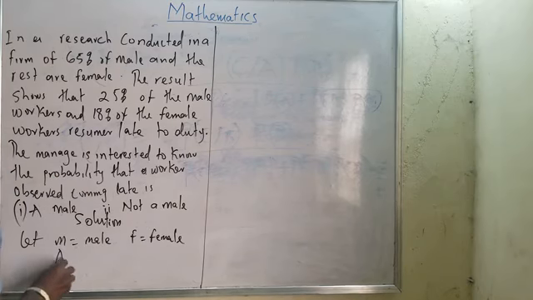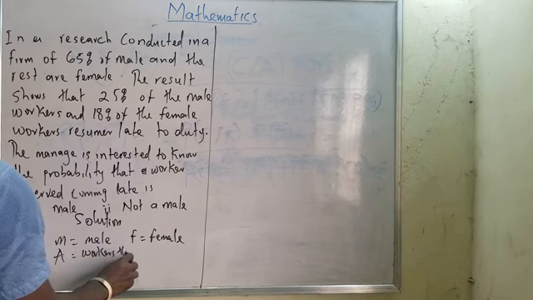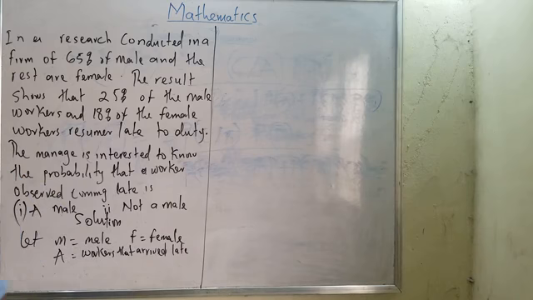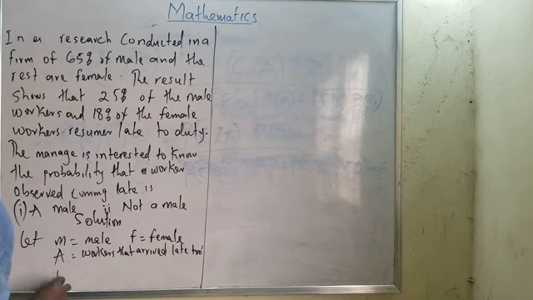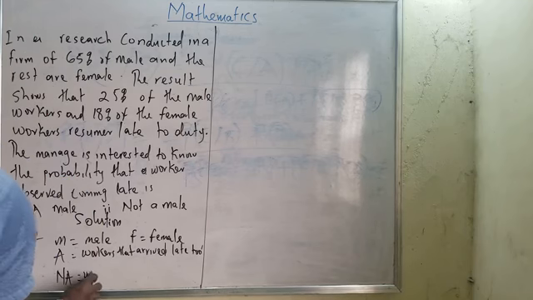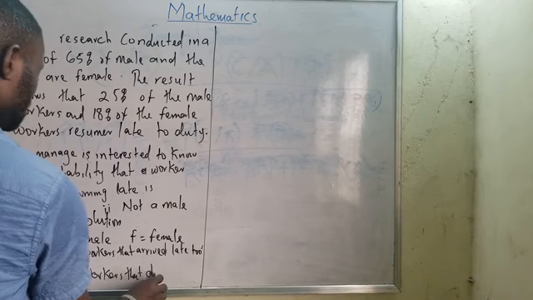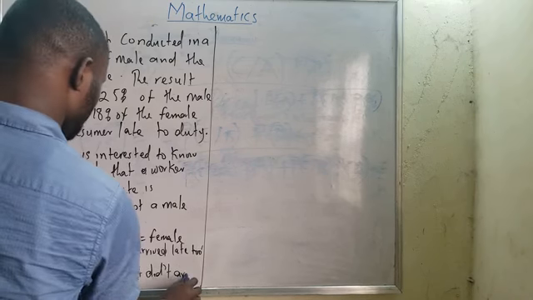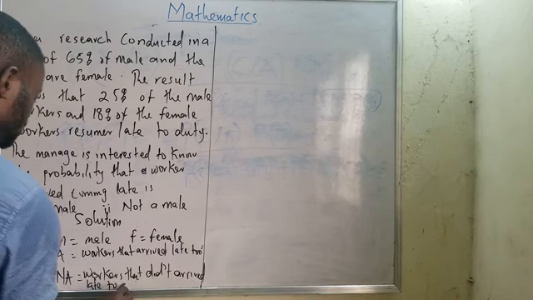Now, let me use A for workers that arrived late to duty, and let me use A' for workers that did not arrive late to duty.